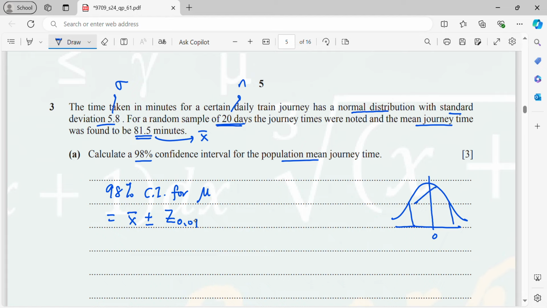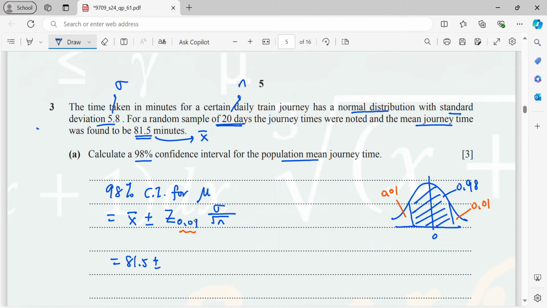That means the region bounded by two lines is 0.98. So here is going to be 0.01, and this is 0.01. That means this is how I get the z 0.01 over here. Then after that, sigma over square root n. This is a formula. Now, x bar is given 81.5.